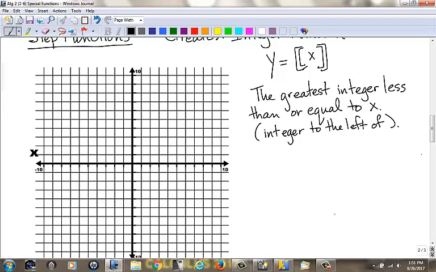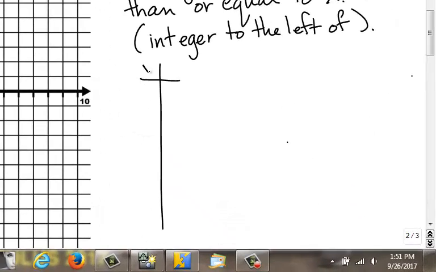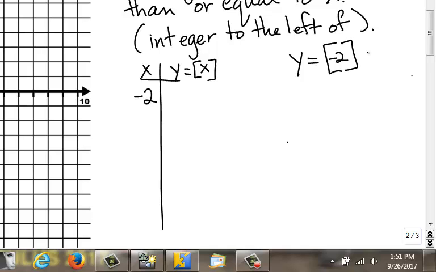Before we do that, I want to look at a table of ordered pairs, and then our y is the greatest integer. And just use the bracket. So, if I look at my x value is -2, in the book they're going to write it like this. Okay, so they want to know what y value, what's the greatest integer less than or equal to -2.